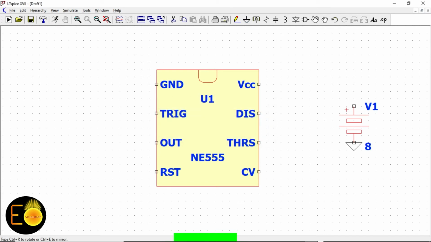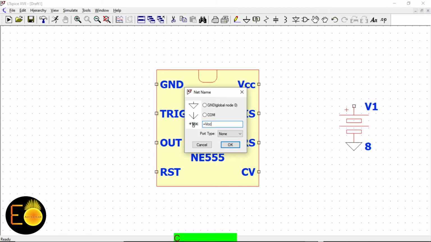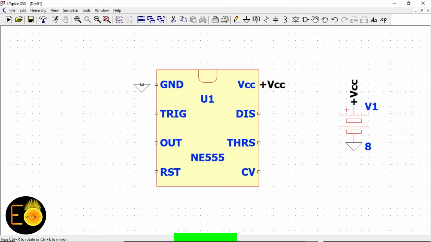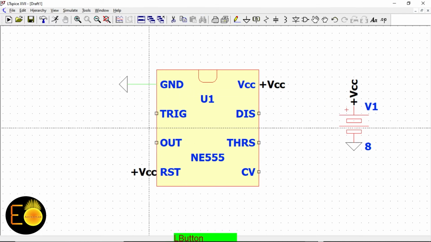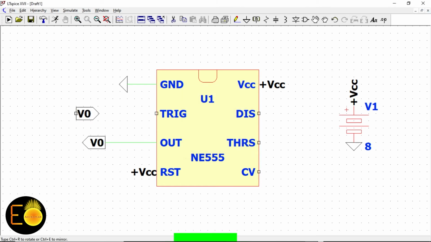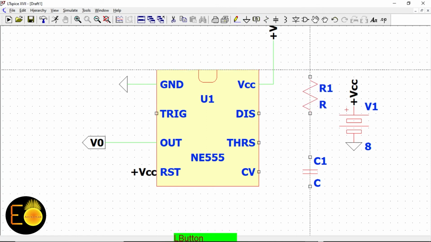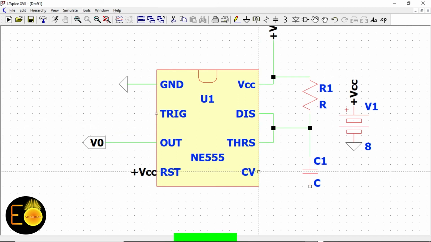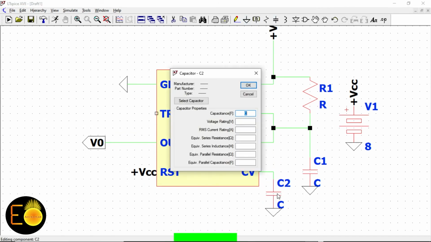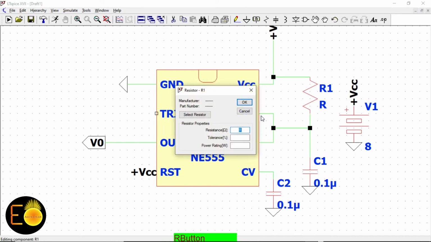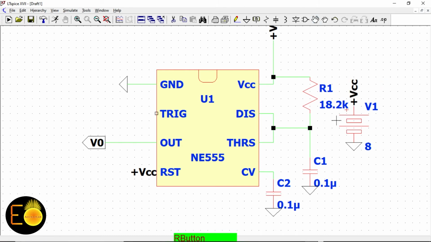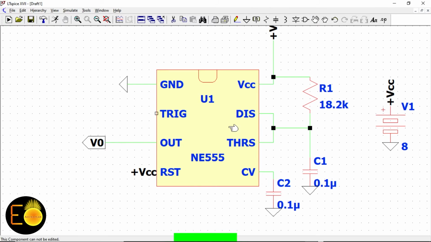Ground terminal. Now I have connected all the components as required.